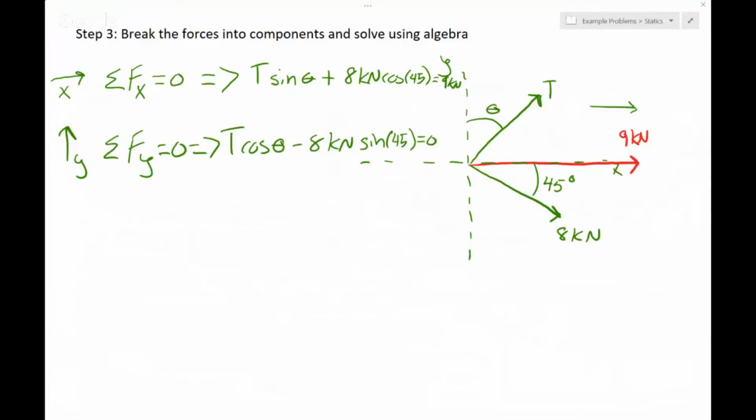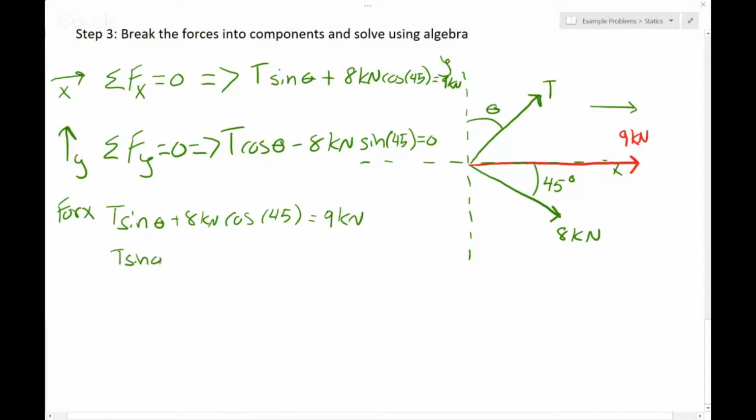So for the X direction, we can take T sine of theta plus 8 kilonewtons times cosine of 45 equals 9 kilonewtons, and then break that down by subtracting across our 8 to get T sine of theta is equal to 9 kilonewtons minus 8 kilonewtons times cosine of 45.